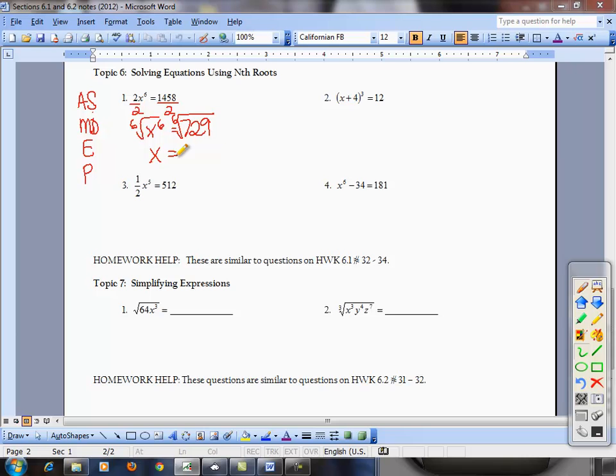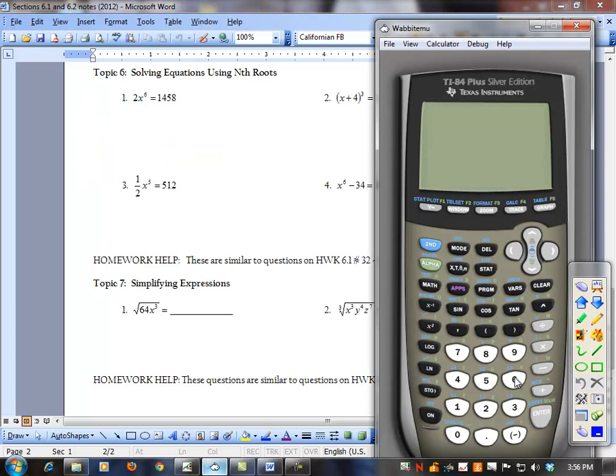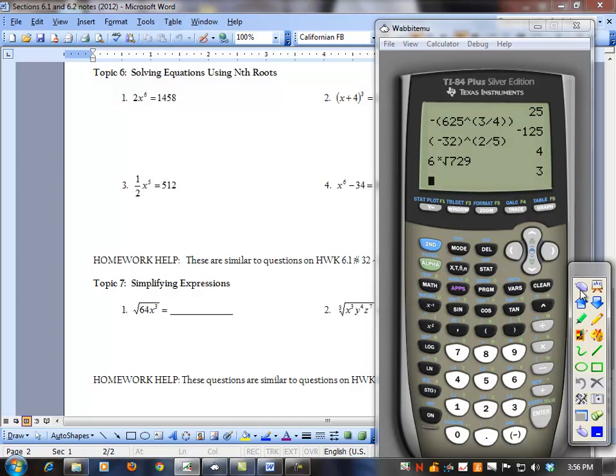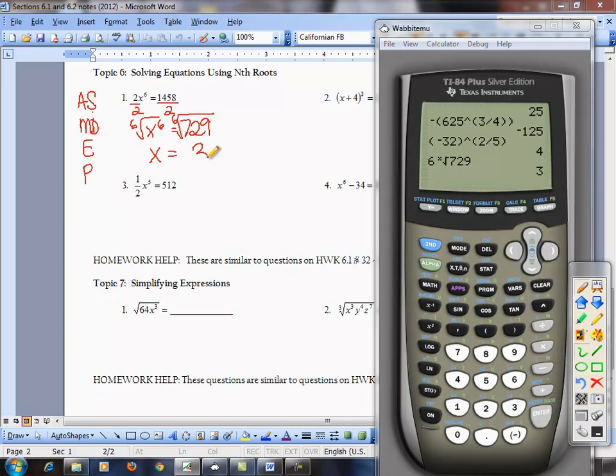I'm going to put this in my calculator, and I'm going to say the 6th root of 729, excuse me, sorry, equals 3. So when I look at this, I get 3.